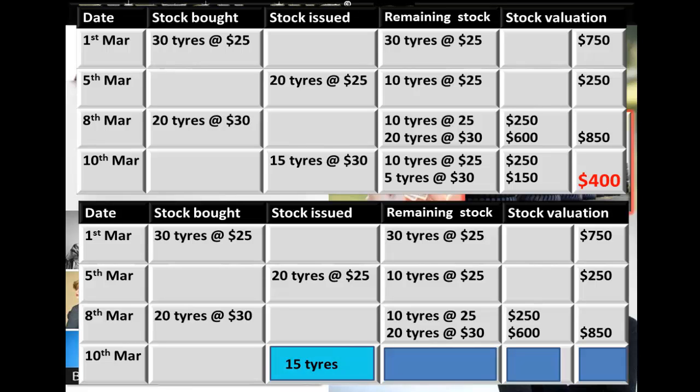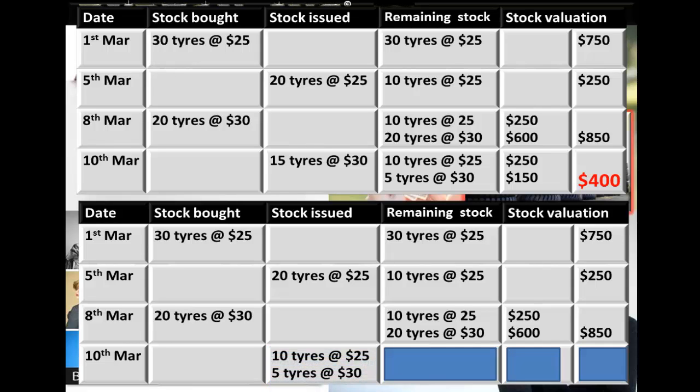But on the 10th of March, when we're issuing stock, we do so at a different valuation. LIFO, we're getting rid of our new stock to be left with the old stock. FIFO, we're getting rid of our old stock and leaving us with our new stock.